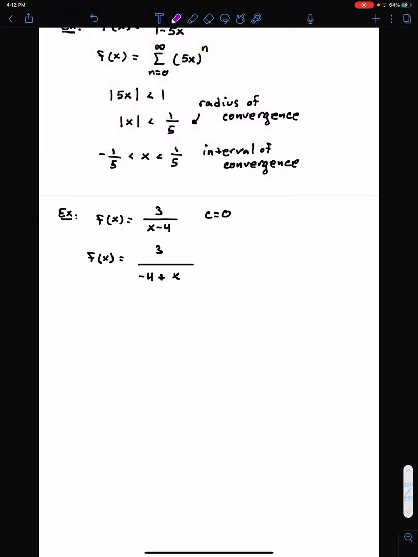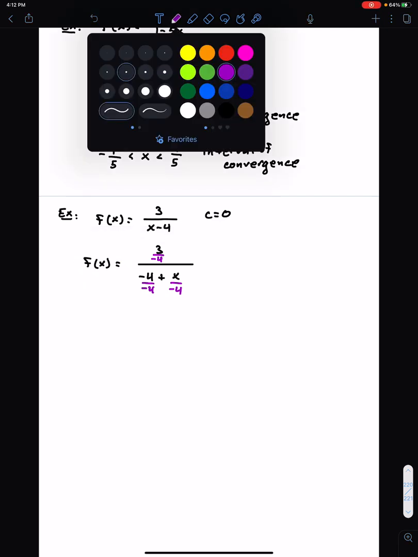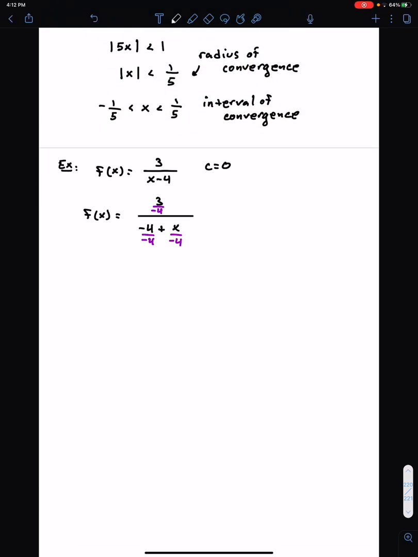Then I'm going to divide each term by negative 4. So f of x is negative 3 over 4 divided by 1 minus x over 4.